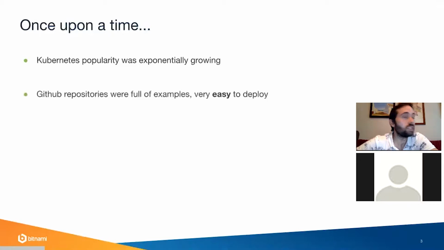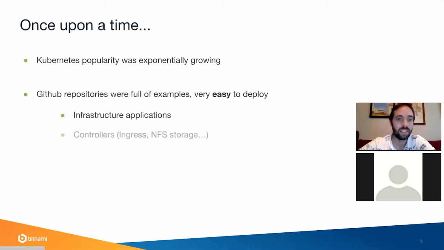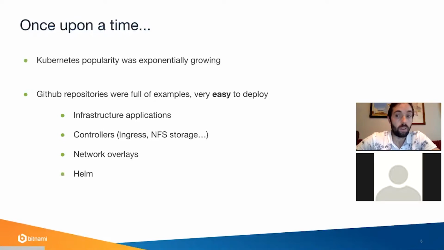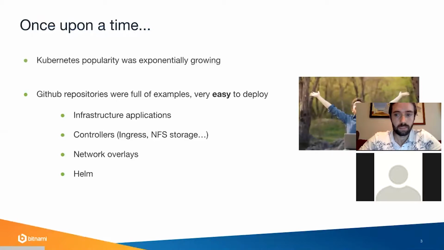Because of that, the internet was full of examples for pretty much everything, and really easy to deploy, from infrastructure applications like Redis and MongoDB, to more complex elements like controllers, ingress, storage, even network overlays for those who want to create their own cluster, for example, or working with kubeadm. Of course, Helm as well. It was really easy to set up. So I think that helped a lot to have very happy users and a very good experience, and made it really easy to learn and experiment with Kubernetes.